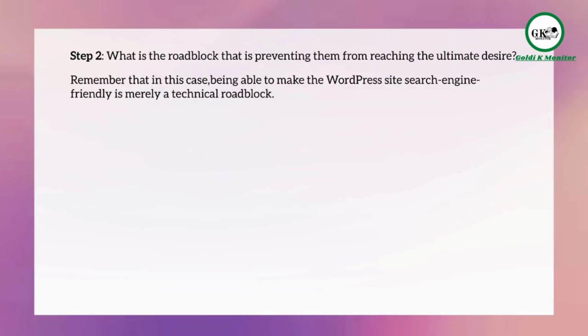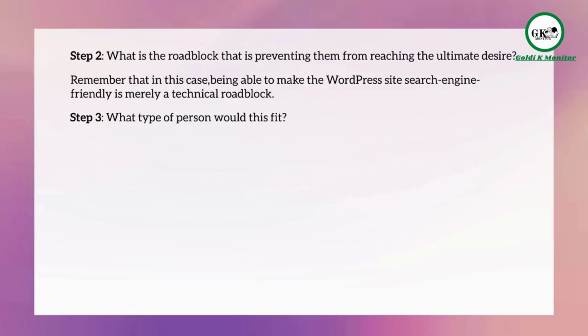In our case, with the video course and the WordPress site, being able to make the WordPress site search engine friendly is merely a technical roadblock. They truly desire better ranking, but they can't do that until they get this technical issue done. So pause the video and write that down in relation to what you're selling.